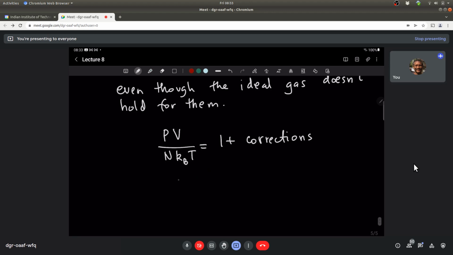And similarly, U by nkBT will be 3 by 2 into 1 plus corrections.